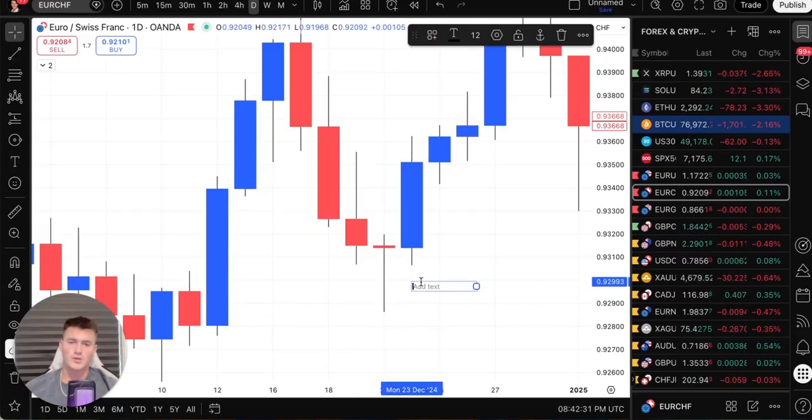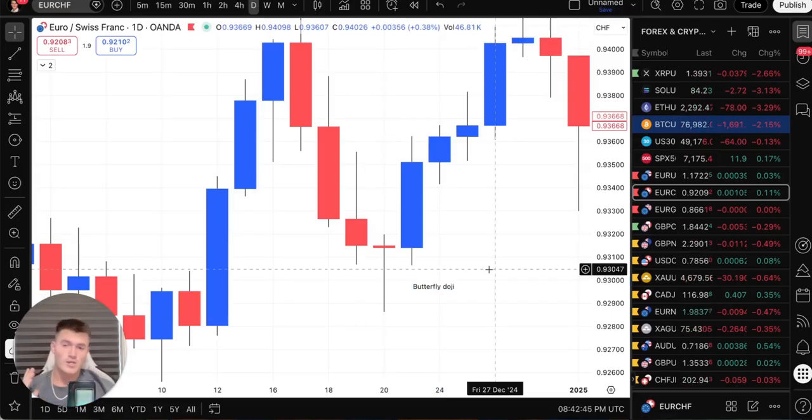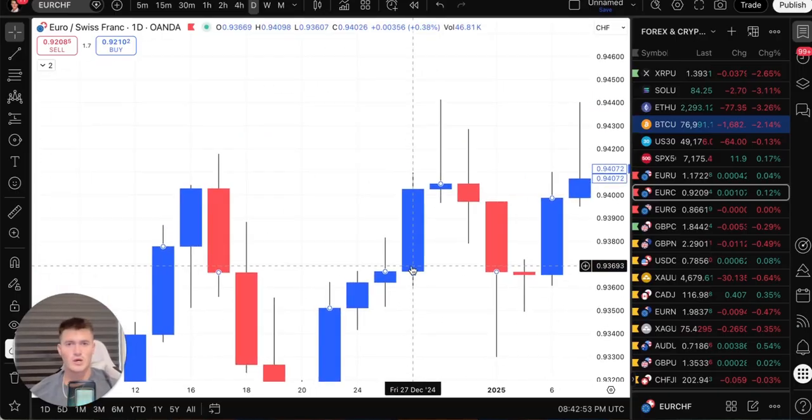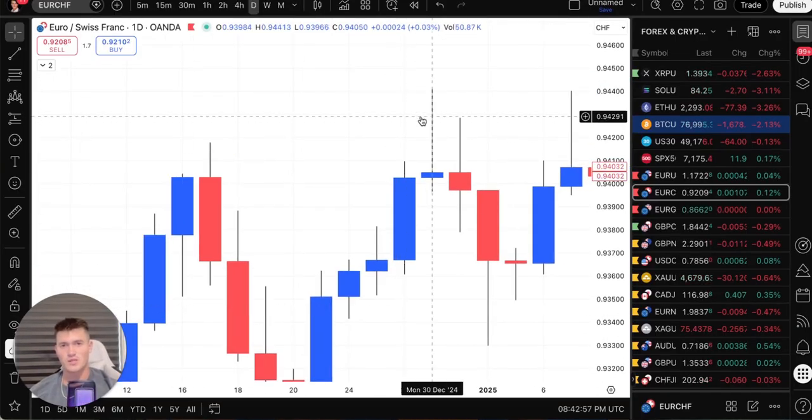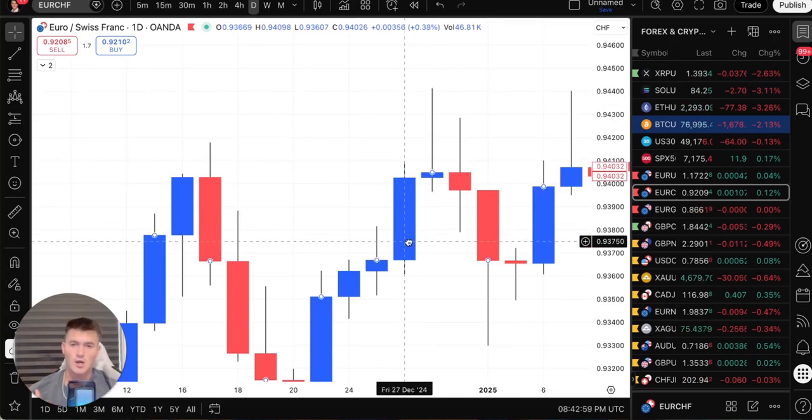A lot of traders will call this candlestick right here a butterfly doji. But I don't want to confuse you guys because butterfly doji, I just call them dojis. There's also what they call gravestone dojis, which look a lot like this. It's just this, but reversed, meaning sellers are now taking over.